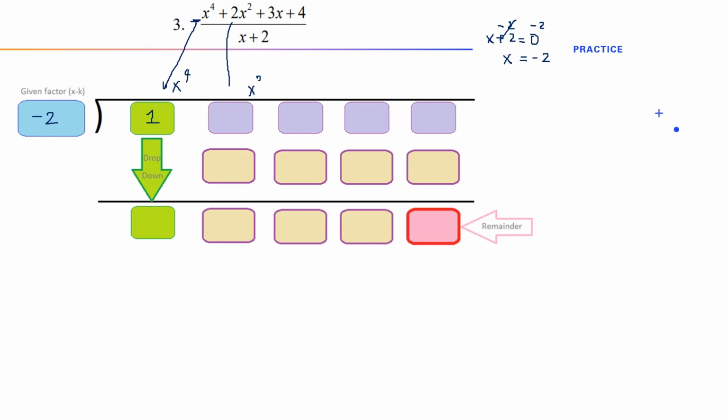So we have x cubed, x squared, x, and then the number. Remember, we always leave the blank or fill in 0 if we see a term missing. And always write f of x in the order of higher degree to lower degree.